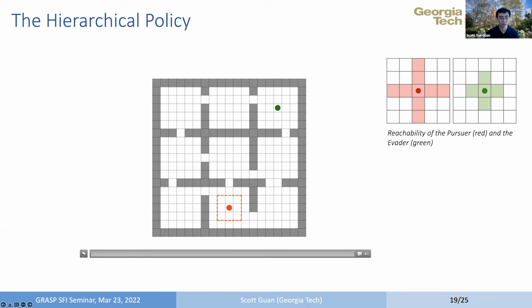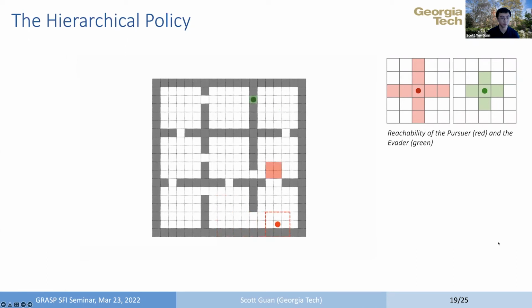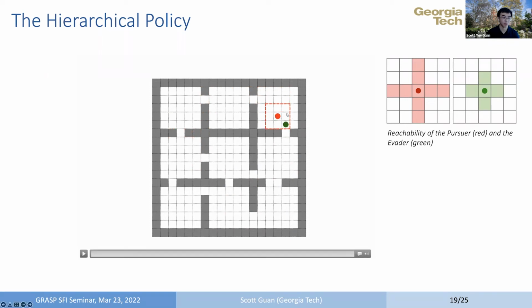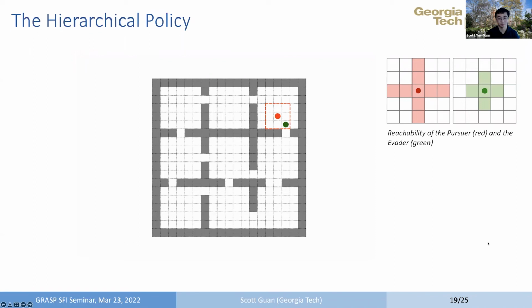In this animation, we will also have these cells that are masked with the agent's color. Those are the target states for the agent's option. So right now they're in the aggregated game. They're just selecting the options, and then now they are in the local games, and then the game ends with a successful capture.